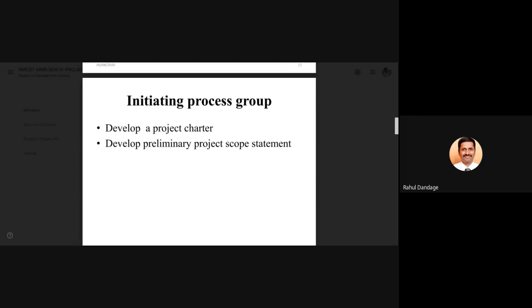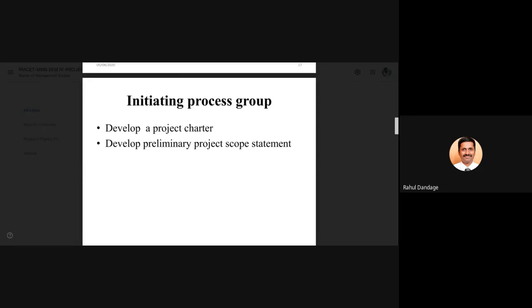So what do you mean by scope? When we say we are trying to define the project scope, it means we are trying to record which activities will be involved in the project and which activities will not be involved. So what will be there and what won't be there.